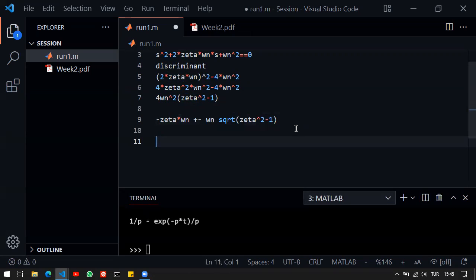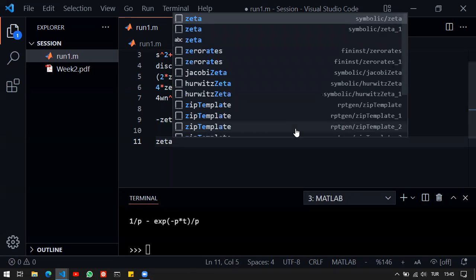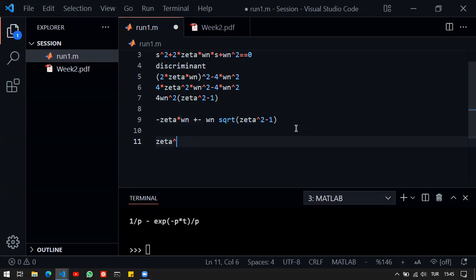For example, if we have zeta squared minus 1 positive, so zeta is greater than 1, then the solution becomes real. Therefore, we have 2 distinct real poles. If zeta is equal to exactly 1, then this term here vanishes. This goes to 0. Then we have the same pole twice, which will look like this.